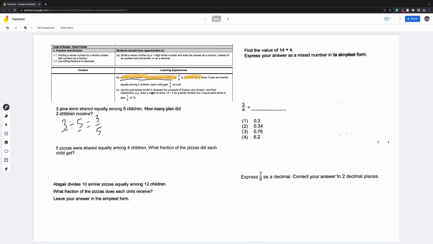So for the first question, we have solved it. It's quite straightforward. 3 pies were shared among 5 children, and the answer is 3/5 for 1 child, but we want for 2 children. So we need to do the next part here. We need to take 3/5 times 2.